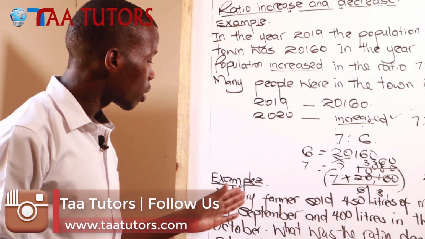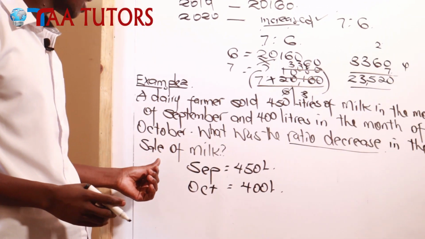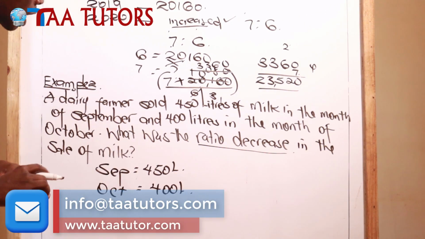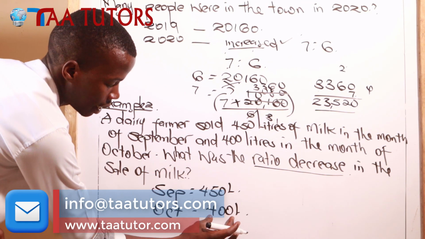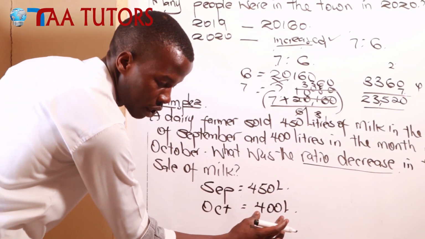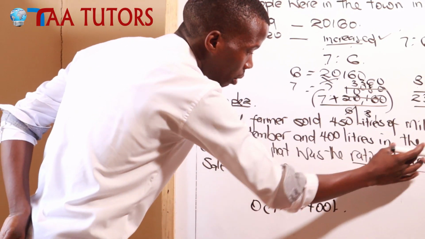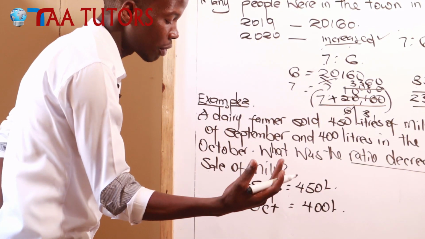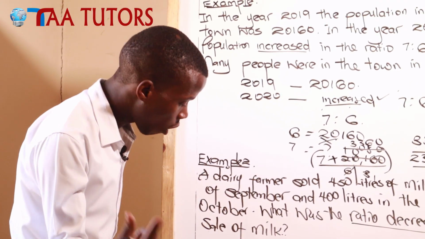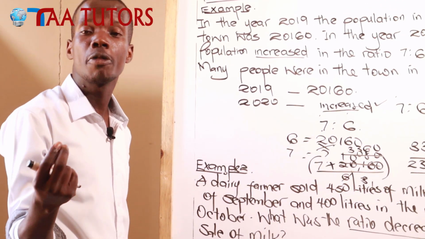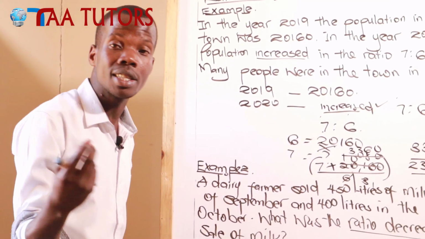The question is, what was the ratio decrease in the sale of the milk? 400 is less compared to 450, so 400 liters here is the decrease.